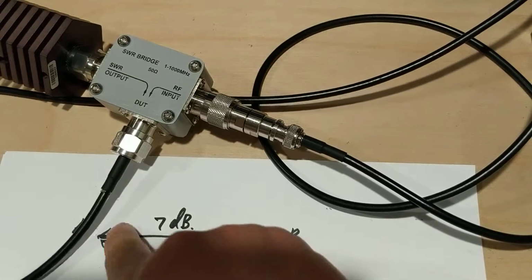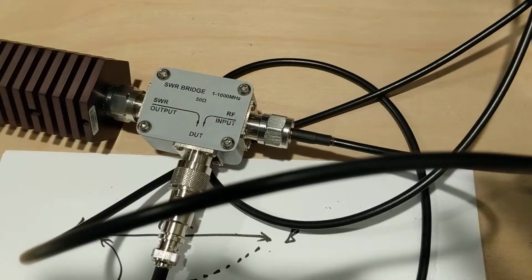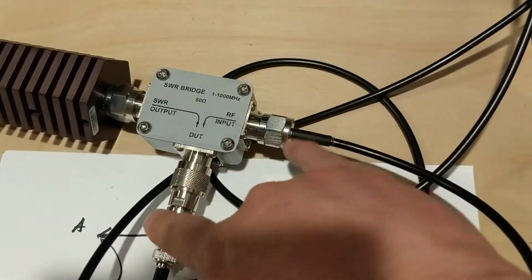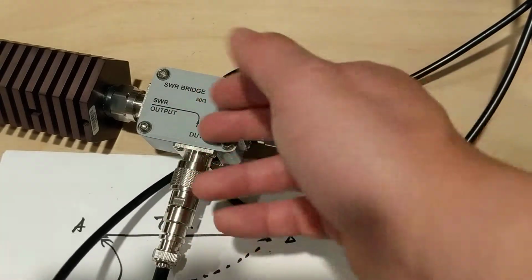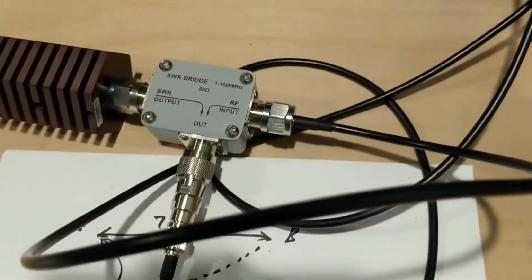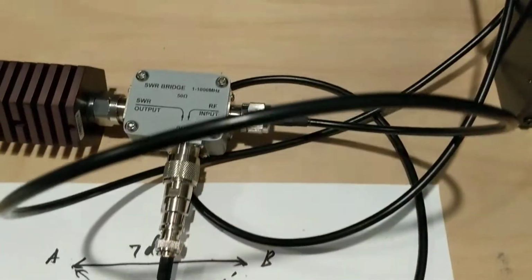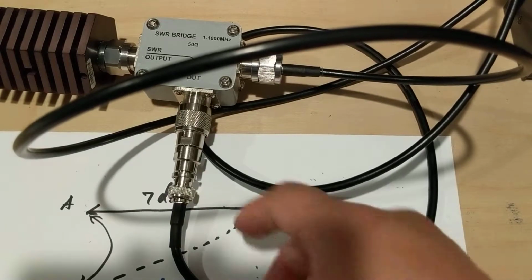And let's look at the loss from A to C. Before I do that, I switch the port. Okay, so now instead of from B to A, now it's A to B. This is A port to the B, and you can see the spectrum analyzer shows the same curve. It means that A to B and B to A are bi-directional, no difference.